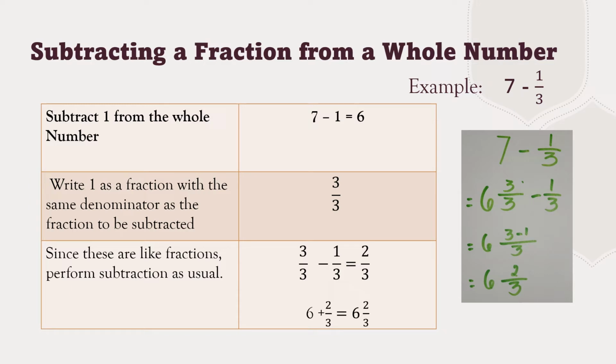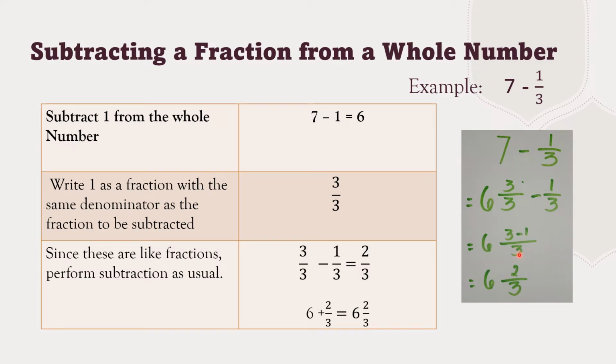Or we can simply do this. So 7 minus 1/3. So 6, and this one is the borrowed one from 7. So this group is still 7 minus 1/3. So 6 as a whole number, and our denominator is 3.